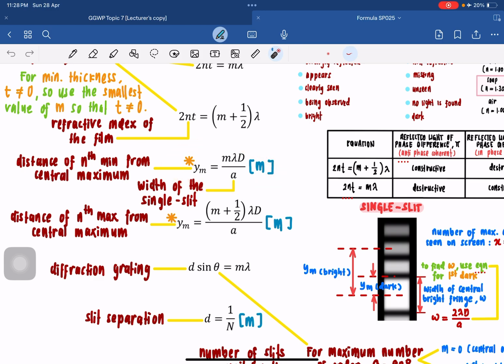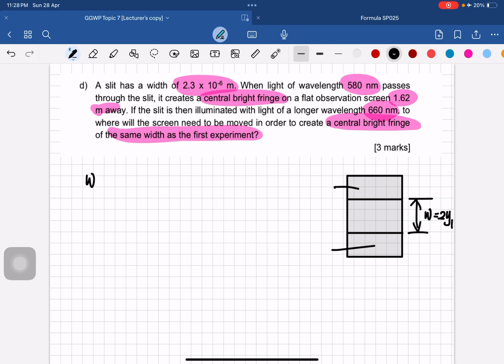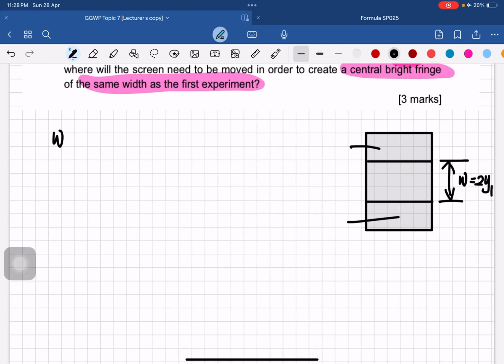So since kita tahu dia double, so kita tulis sini dulu. It should be double the width of the first dark fringe. Okay, so formula dia adalah 2. Apa formula untuk first dark fringe? We know this is the order number. So M, I'm just going to write the formula first lah.